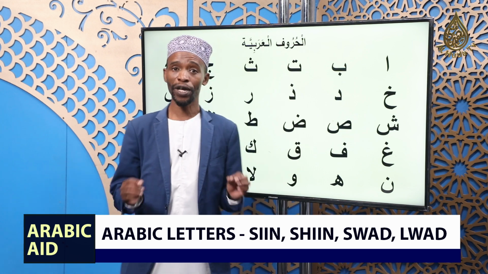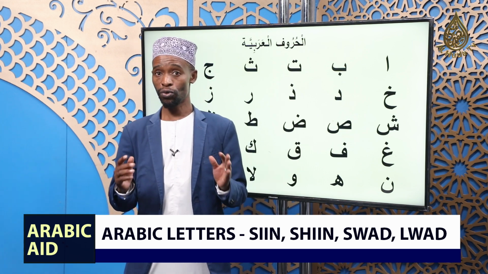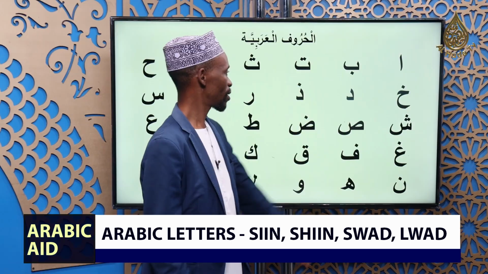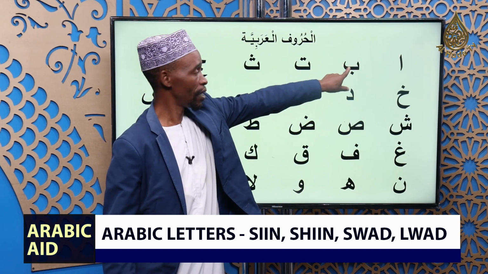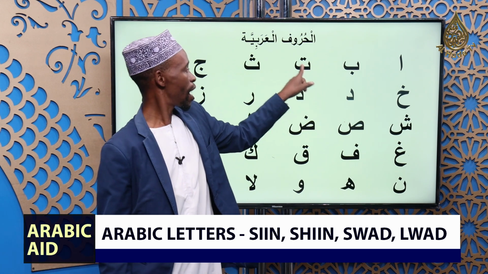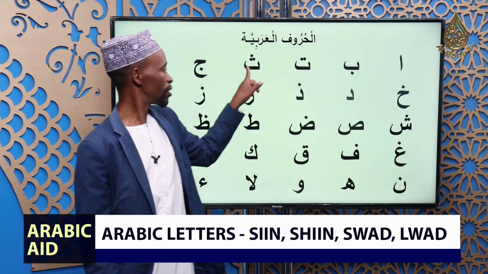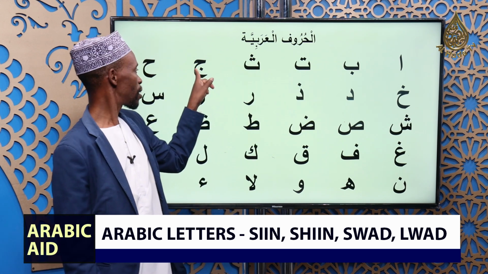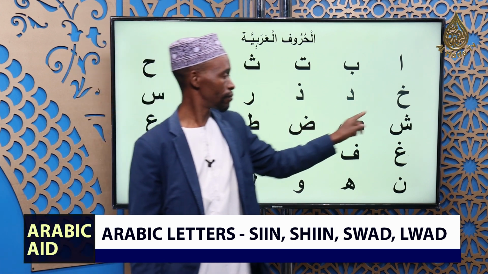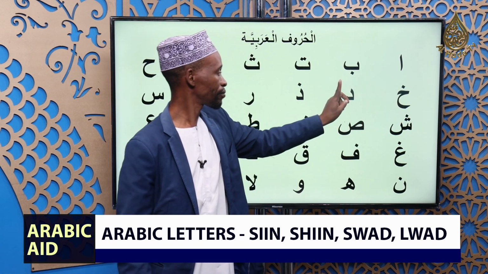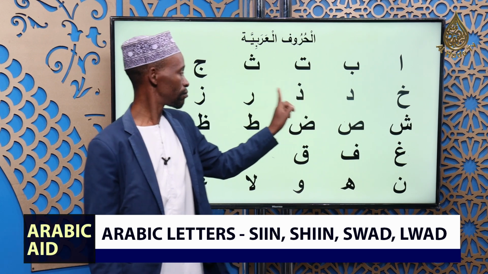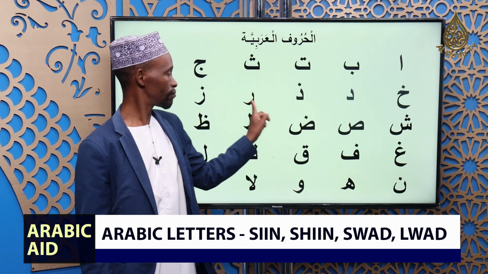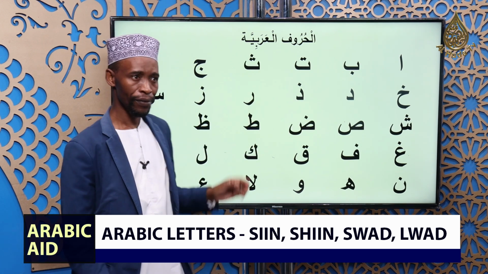So far, we have read the following Huruf al-Arabiya: Alif, Ba, Ta, Tha, Jim, Ha, Kha, Dal, Dhal, Ra, Za.